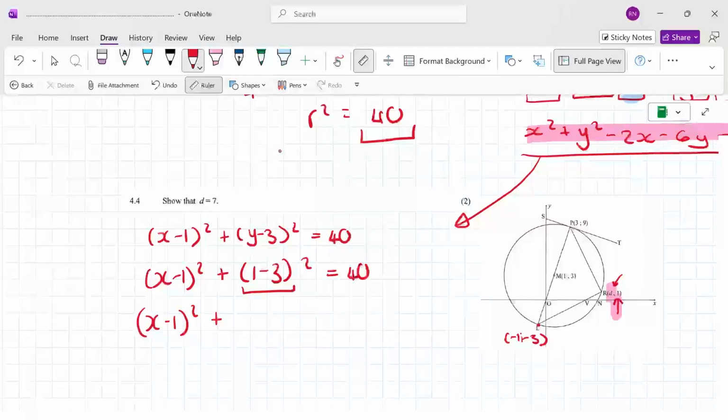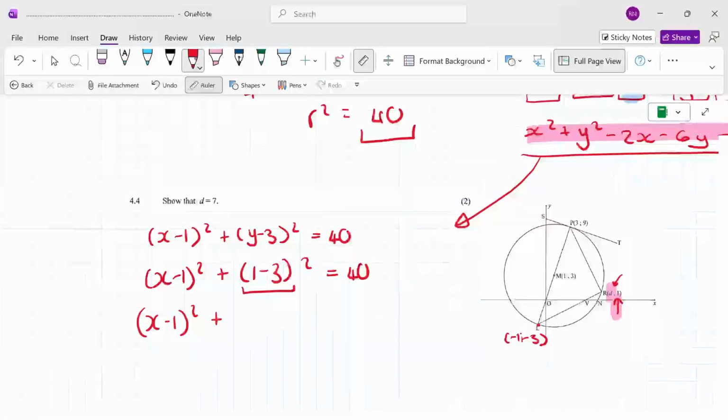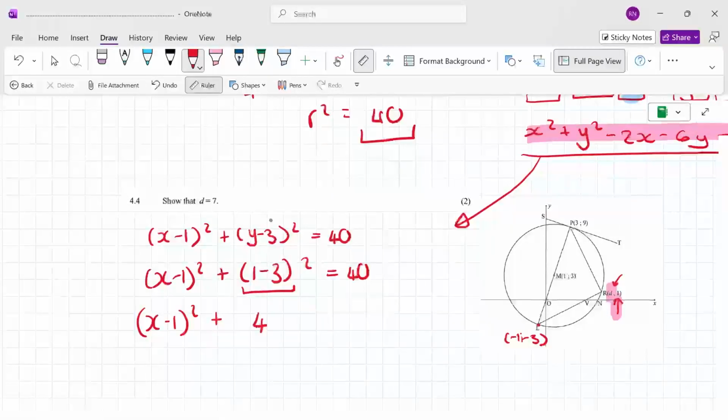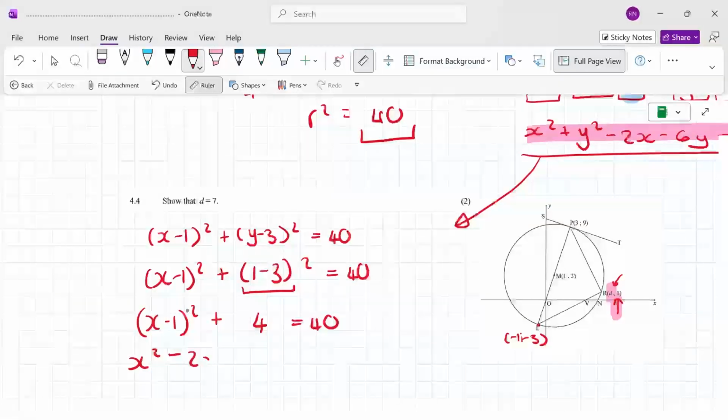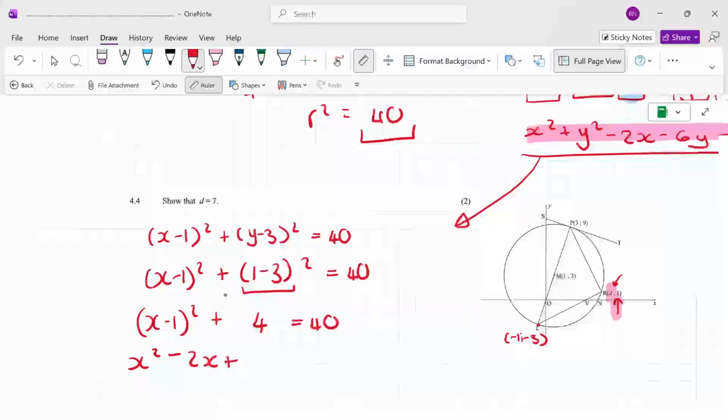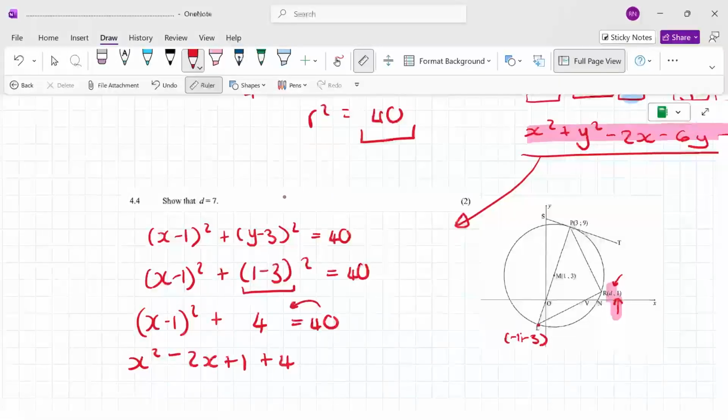This is going to be (minus 2) squared, which is going to be 4, equals 40. Okay, if we expand this out, it gives me x squared minus 2x plus 1, and then I'm plussing 4, and then I'm going to move the 40 to the other side.